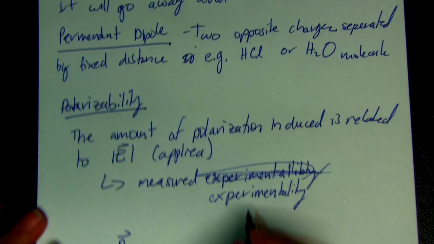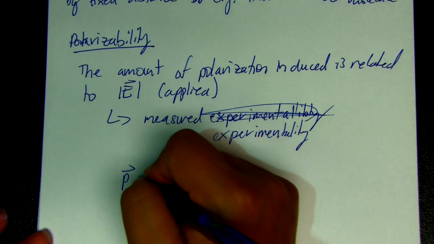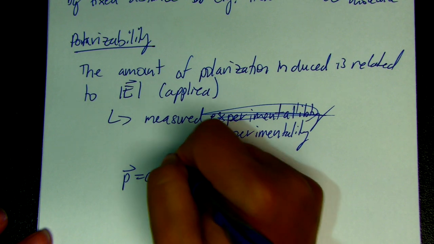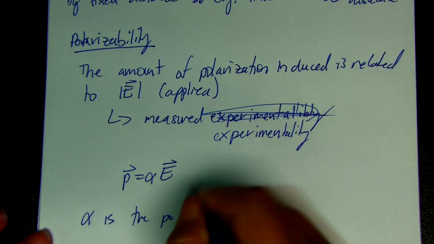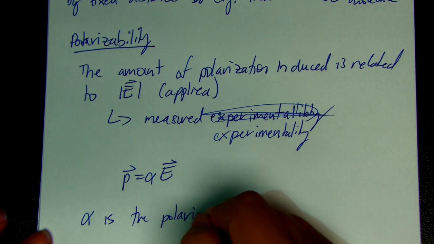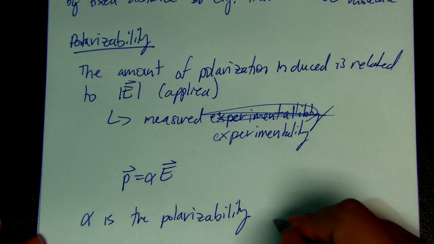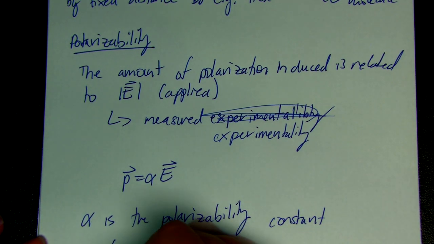So the dipole moment P is related to alpha, the polarizability, times the electric field. So alpha is the polarizability. This is what's experimentally measured, and it's materially dependent.